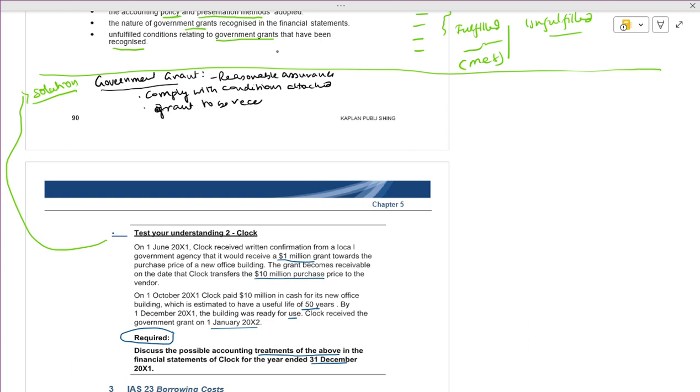All three things have been given here. There is a reasonable assurance. Clock received written confirmation, which is nothing but a reasonable assurance.